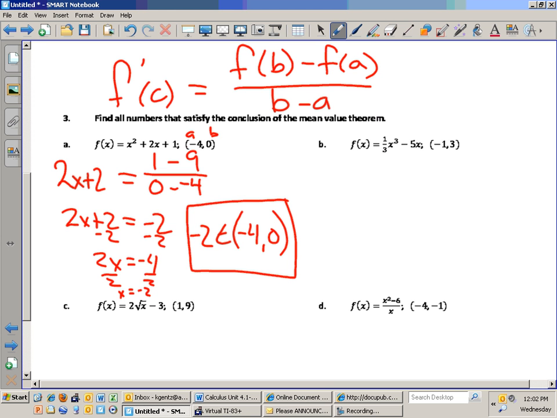So once I find the average value, I set that equal to the derivative to find. So we found this point C. Point C is -2. That is the value within the interval where the derivative is equal to the average value.